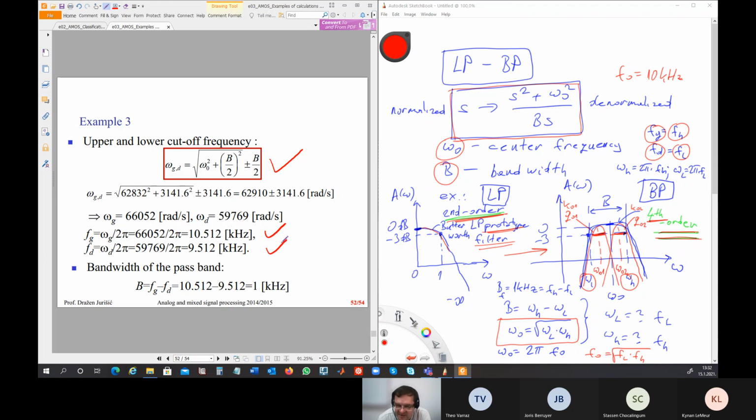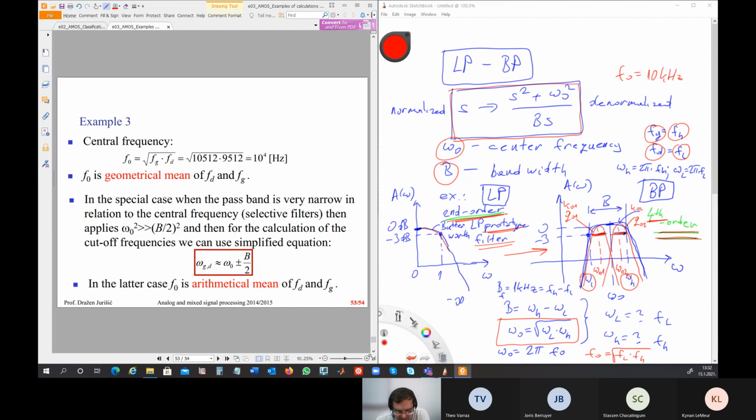And if you check back, you obtain B as 1 kilohertz. You can check also that if you multiply Fg and Fd and find the square root, you will find F0 of 10 kilohertz, which we started from, and we can also conclude that F0 is the geometrical mean of these two frequencies.